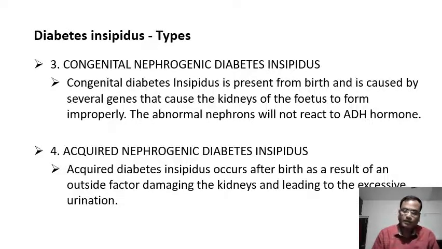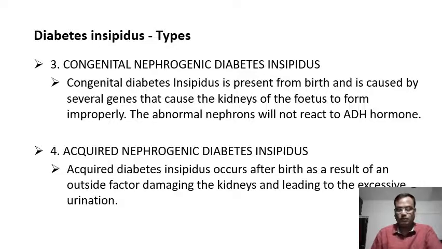Here, due to mutation or some abnormal genes, the development of the kidney goes wrong and the nephrons are abnormal. So abnormal nephrons are formed in the kidney, and even though the correct quantity of ADH is available in the body, the cells will not respond to it.